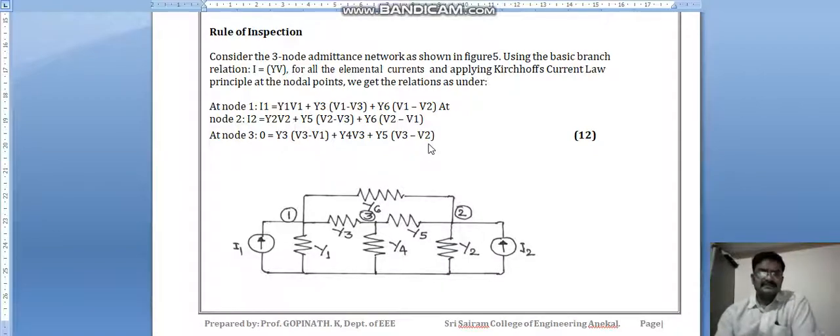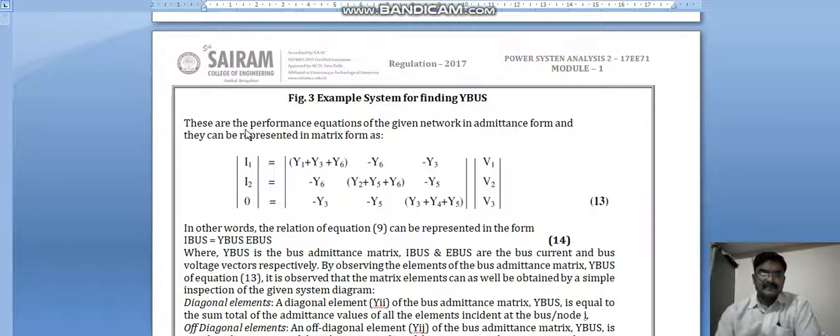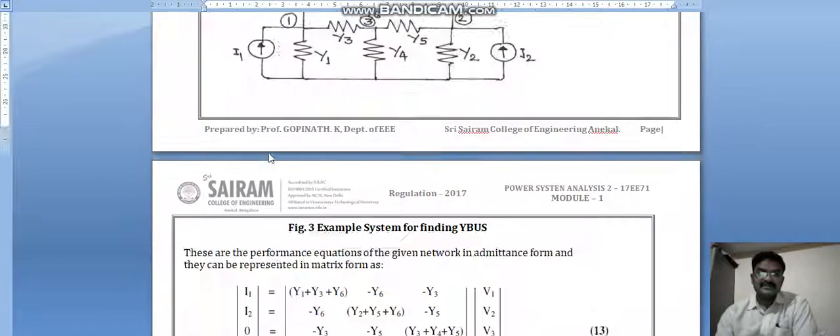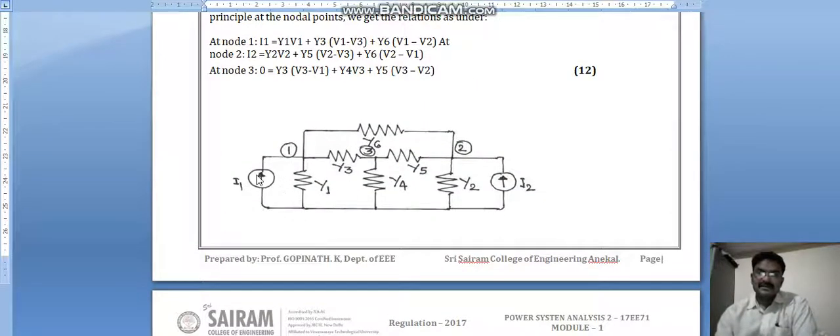These are the performance equations of the given network in admittance form, and they can be represented in matrix form. The current vector is I1, I2 and 0, because we have only two current sources.